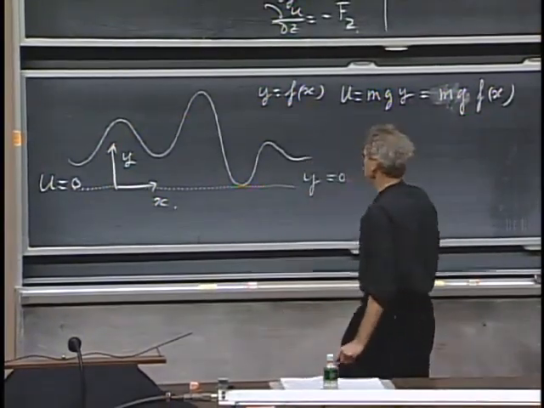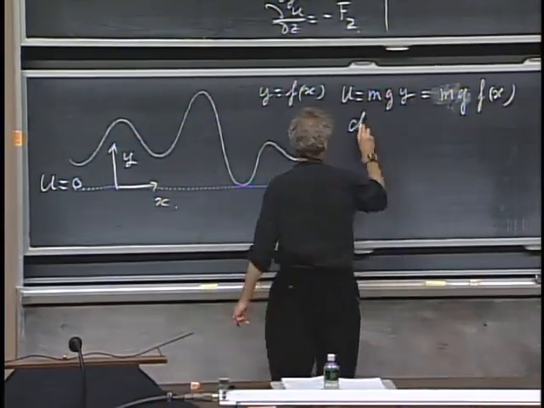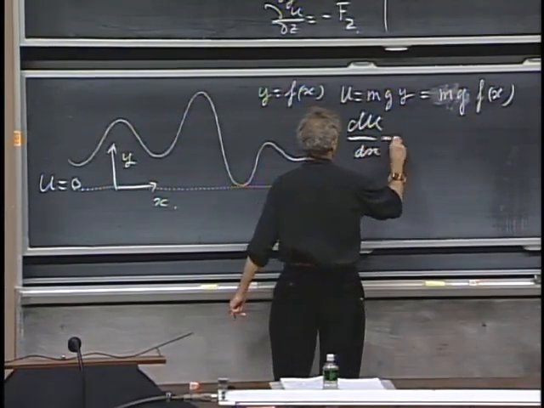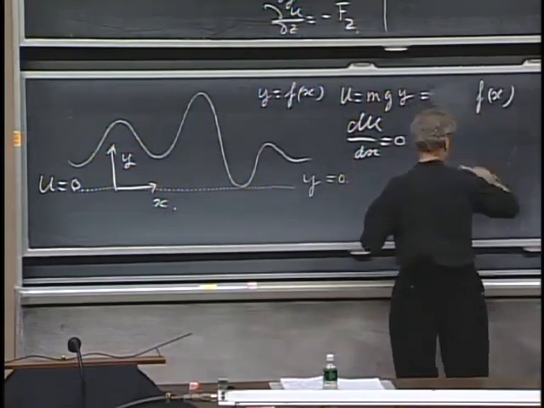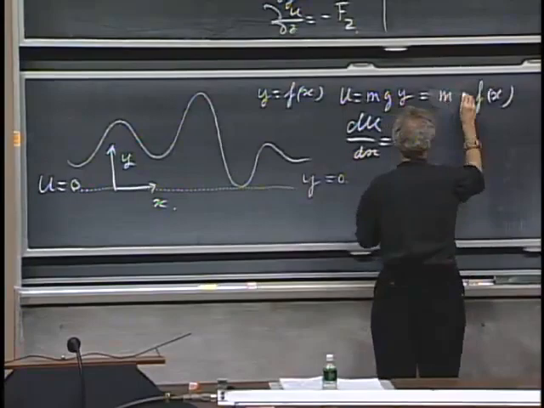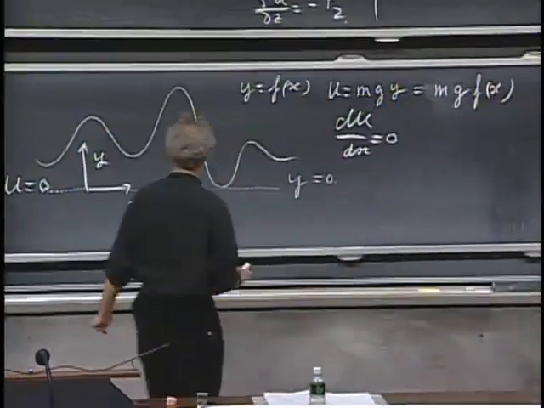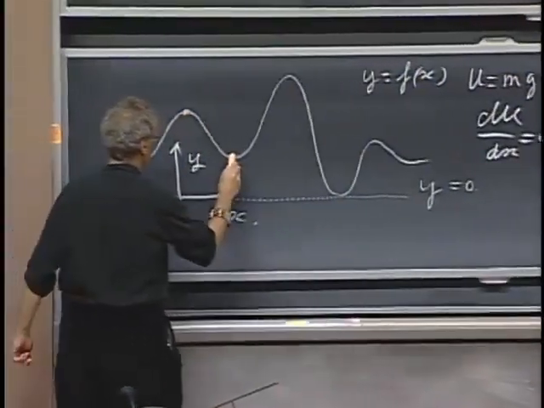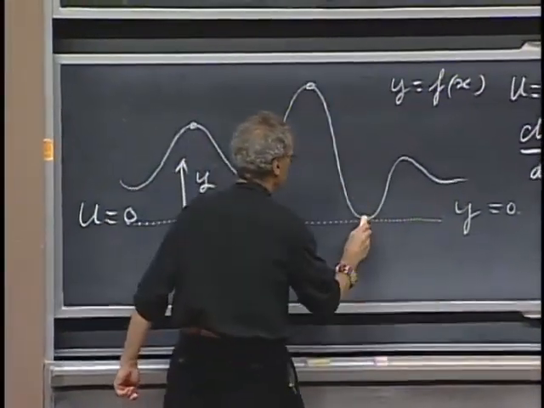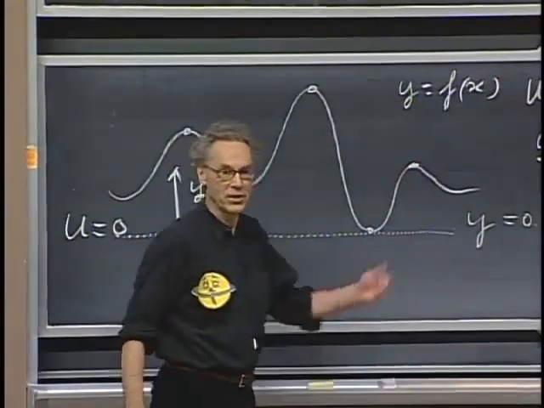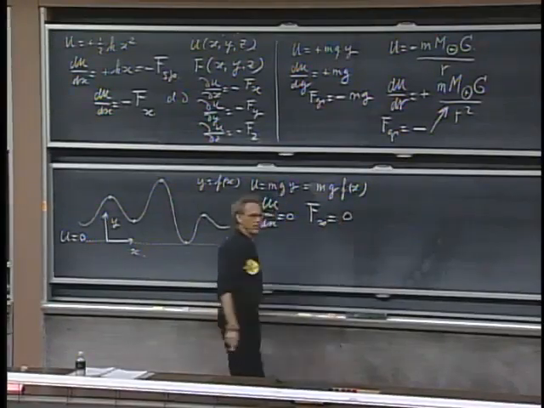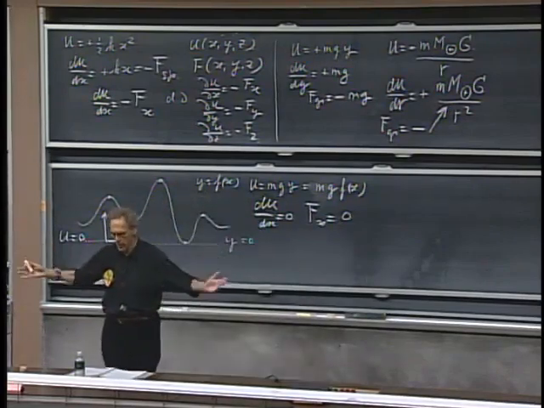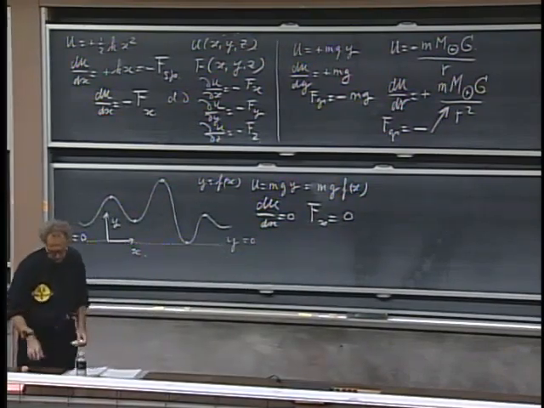There are points here where dU/dx equals 0. I'll get a nice mg in here. Where are those points? Those points are here, here, here, here, and here. If dU/dx is 0, it means that the component of the force in the x direction is 0, because dU/dx is minus the force in the x direction.